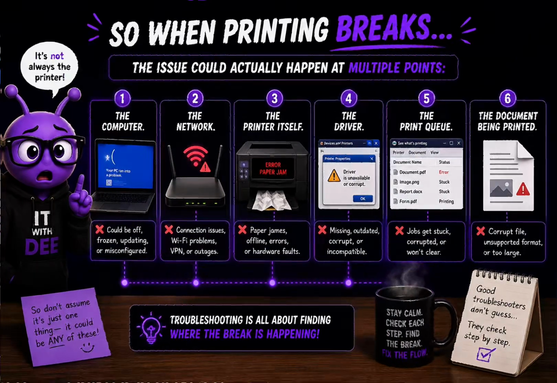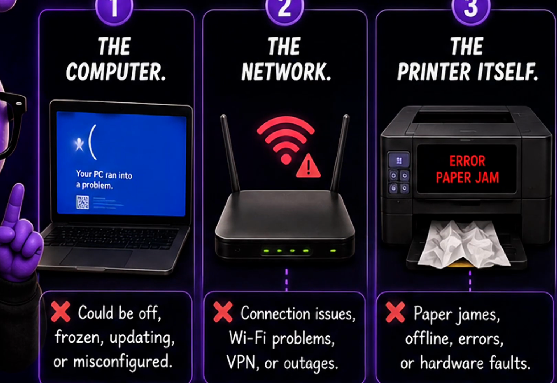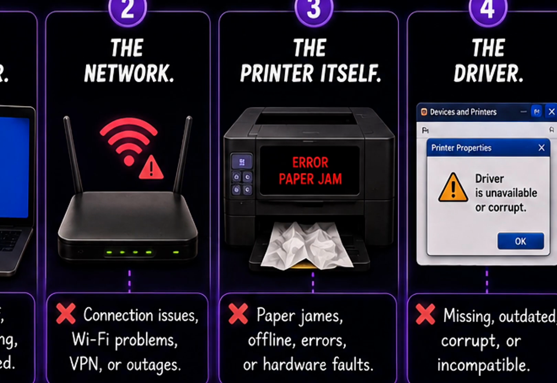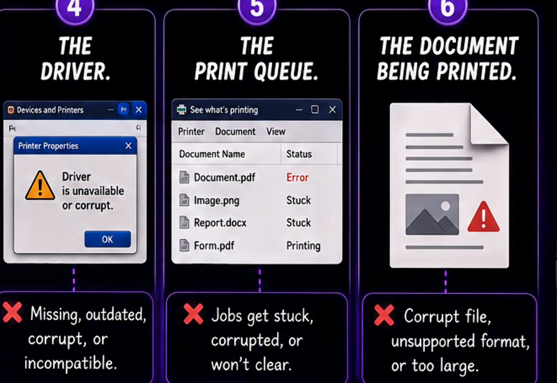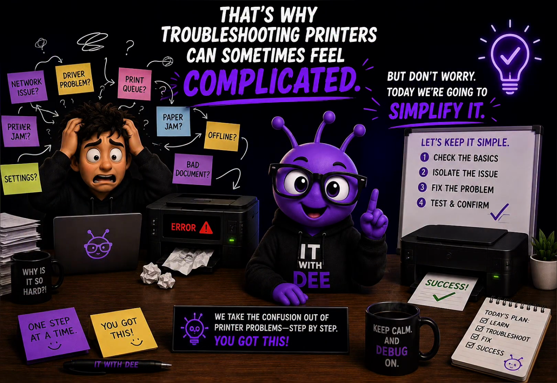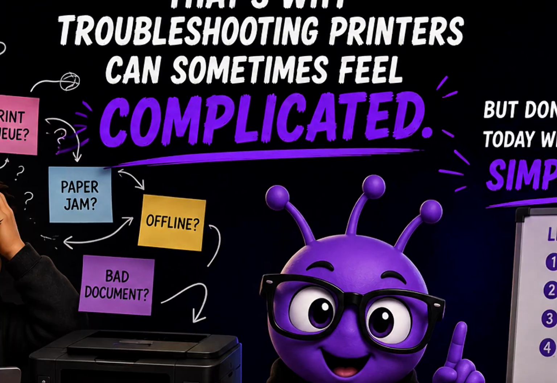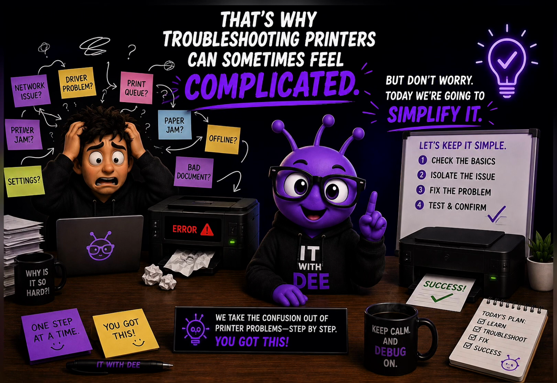So when printing breaks, the issue could actually happen at multiple points: the computer, the network, the printer itself, the driver, the print queue, or even the document being printed. That's why troubleshooting printers can sometimes feel complicated. But don't worry, today we're going to simplify it.